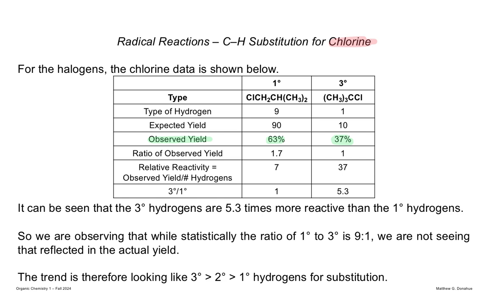So notice that again, the tertiary is the greater number here. So when you normalize it, we see that the tertiary hydrogen is 5.3 times more reactive.